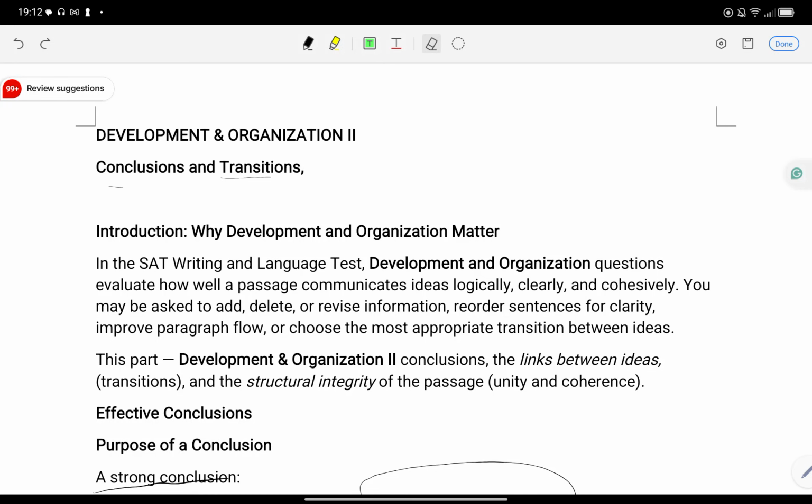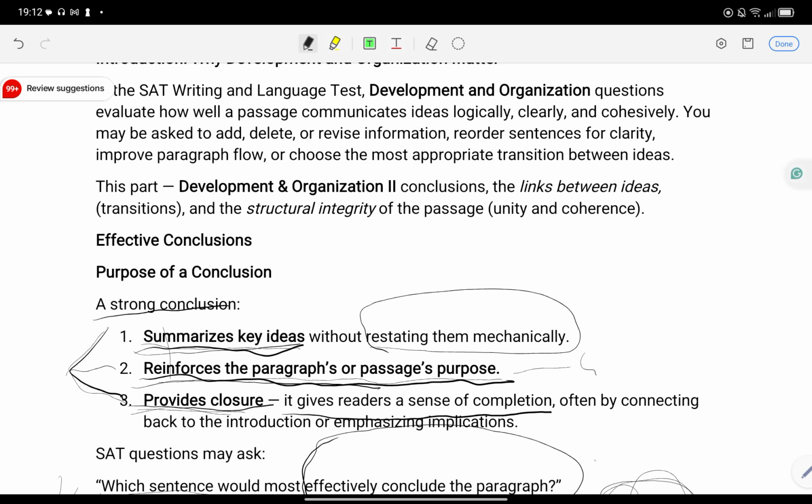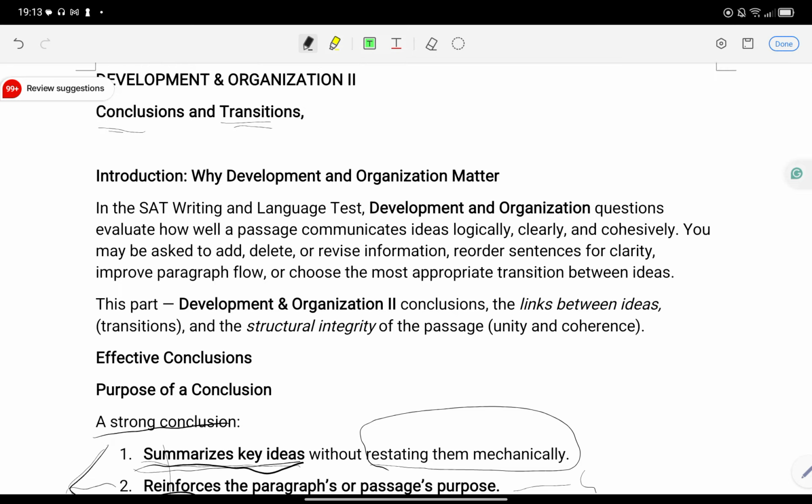In this video, we'll treat two key themes in the SAT test: conclusions and transitions. In the SAT test, you'll be tested for your ability to conclude incomplete paragraphs, to pick the appropriate conclusions, and you'll be tested for your ability to notice the right transition words that should be used in certain contexts.